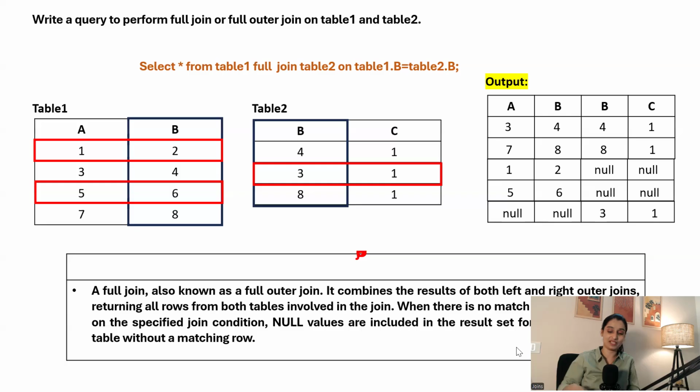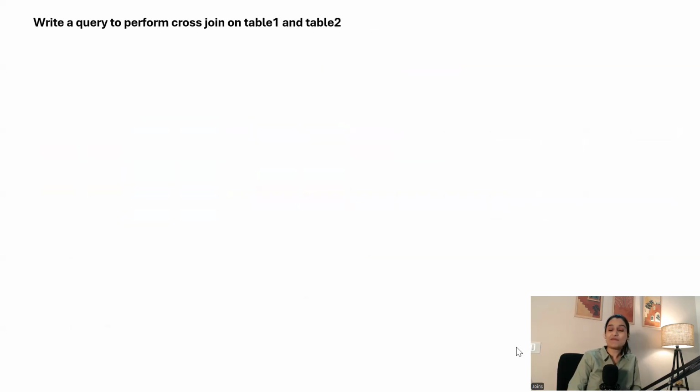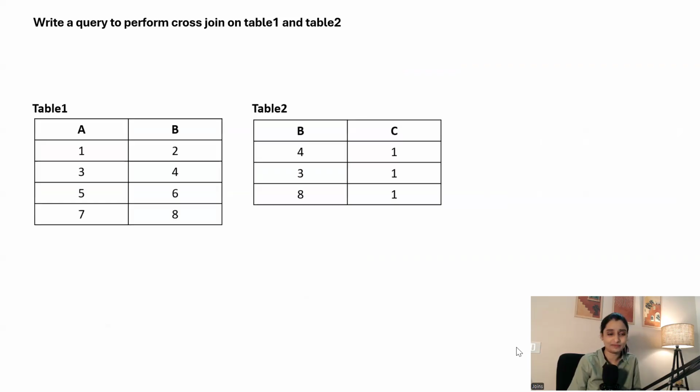Do remember this. The next type of join, very important, is nothing but cross join. We usually write the query for cross join like this. Cross join doesn't need any condition. Cross join means what? As we have not written any condition over here, it will check table 1, cross join table 2.